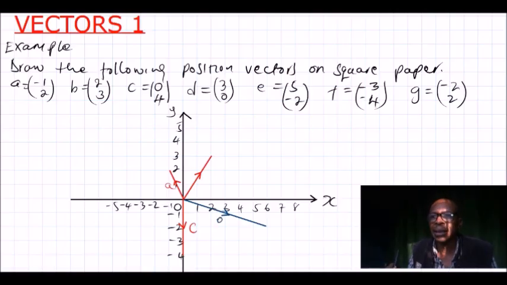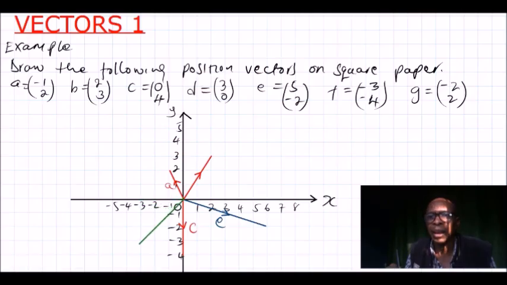Okay, we look at F. F is minus 3, minus 4, so we move 1, 2, 3 to the negative side and 1, 2, 3, 4 down.